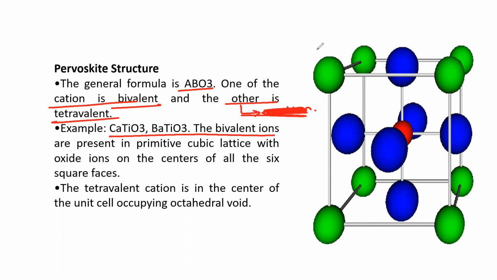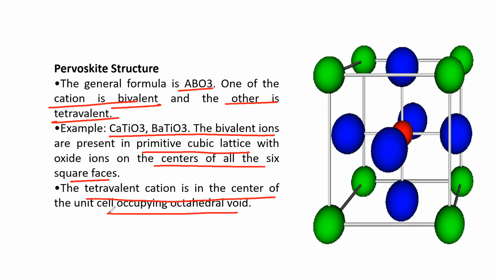The bivalent ions are present in a primitive cubic lattice with 6 oxide ions at the centers of all the 6 square faces. The tetravalent cation is at the center of the unit cell, occupying the octahedral void. So this is the diagram. Calcium occupies all the corners, that is the green one.